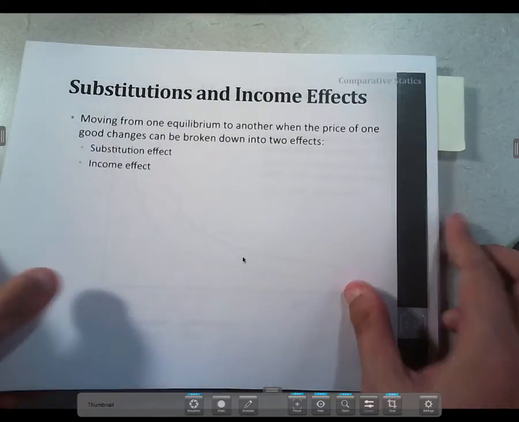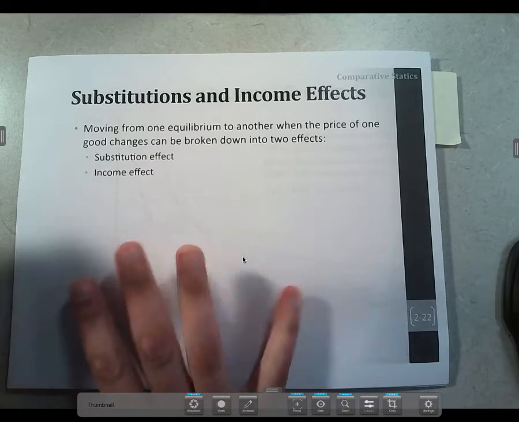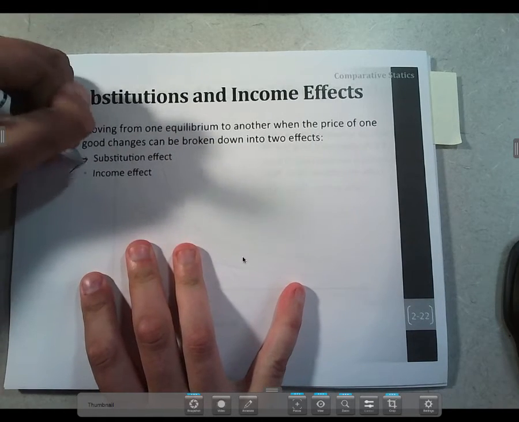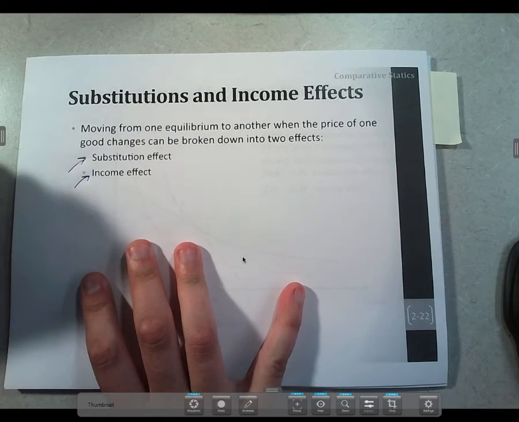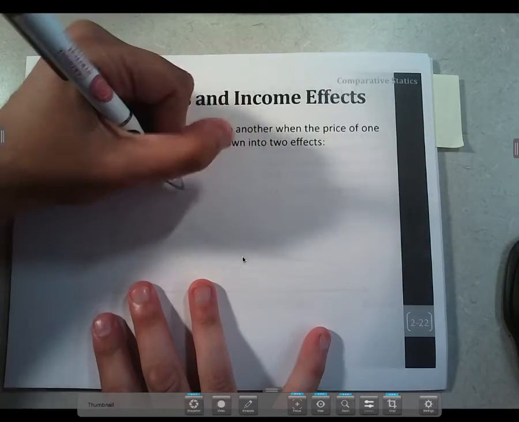Now, what we can do within each demand curve is understand two things going on. There's both a substitution effect and an income effect along the demand curve, and you can see that in the budget constraint. So here's what we're saying.